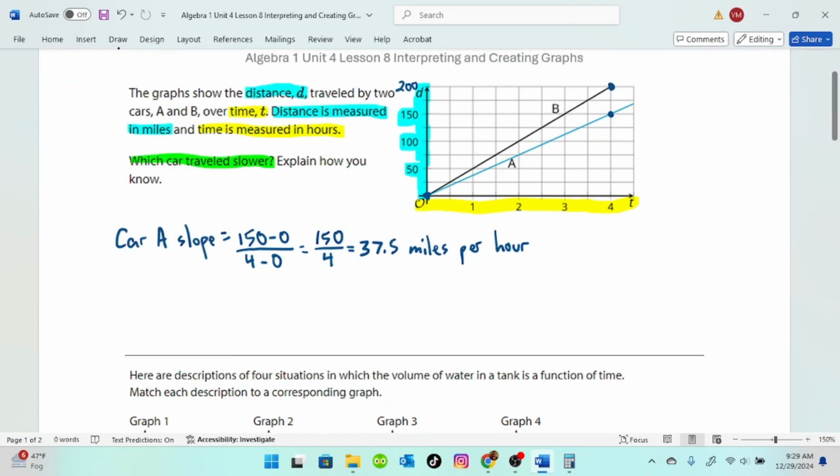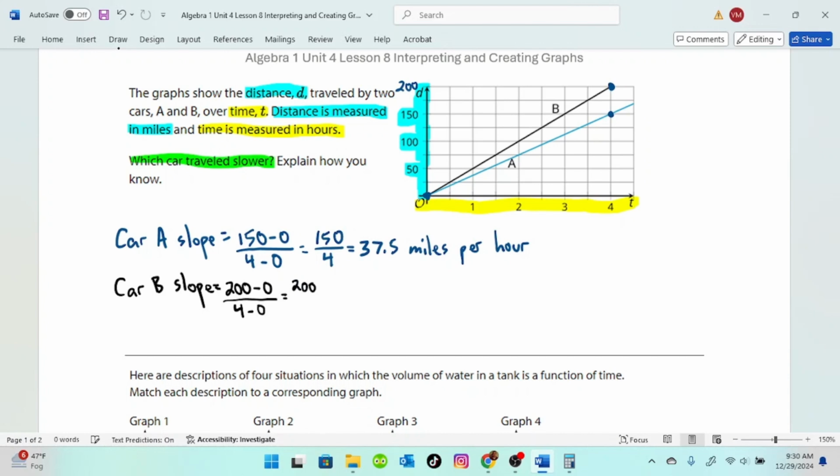Now we can look at car B. Here, my second y is 200 miles minus my first y, 0 miles, divided by my second x, 4 hours, minus my first x, 0 hours.